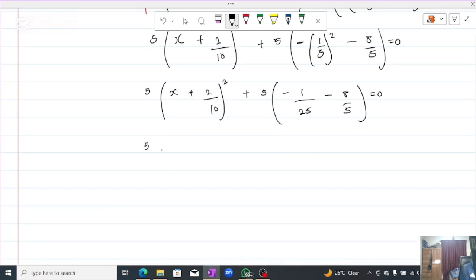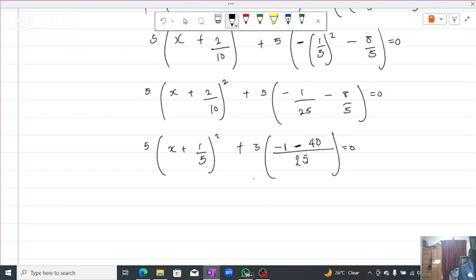So you have 5(x + 1/5)² + 5 in bracket of, your LCM here is 25. Then you have minus 1 here, minus 5 in this will give you 5, times 8 you have 40, equal to 0.